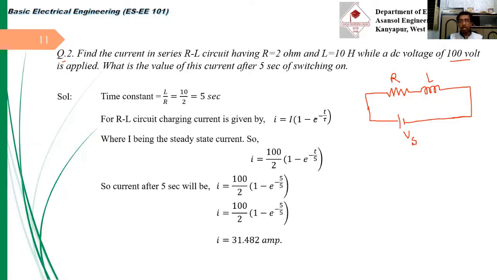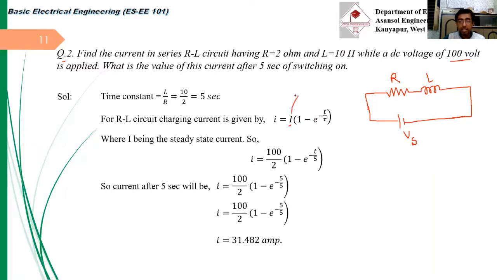Okay. Now, what is the value of this current after 5 seconds of switching on? After 5 seconds of switching on, the current value you have to remember is I = I_max (1 minus e to the power minus t by tau). What is capital I?